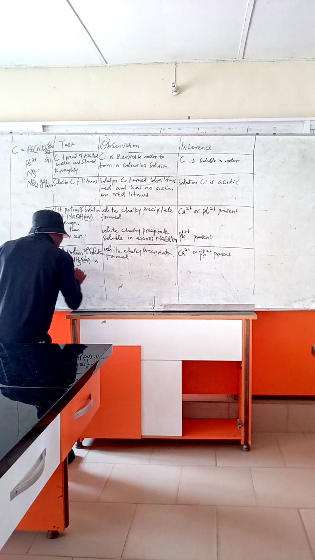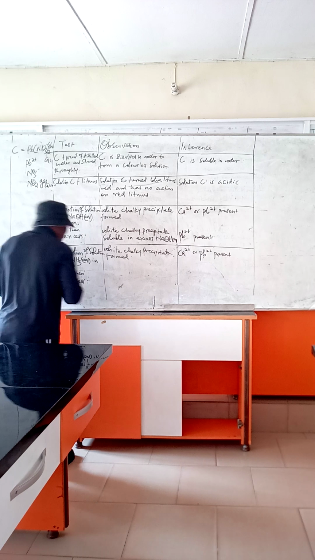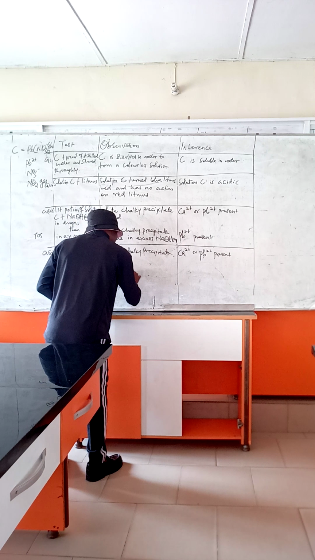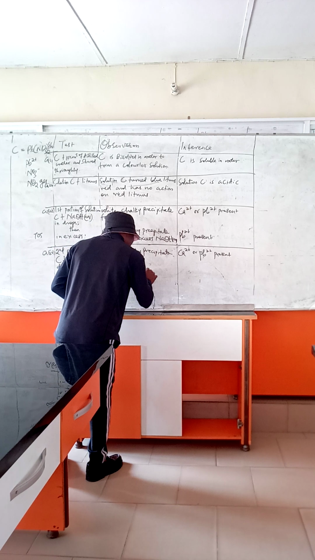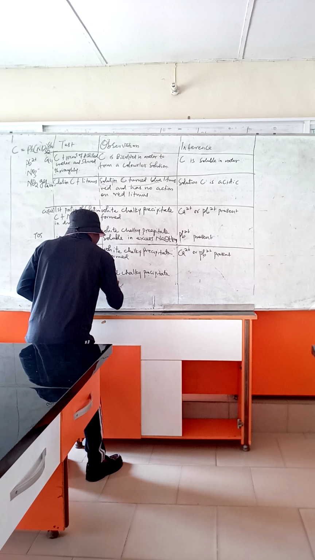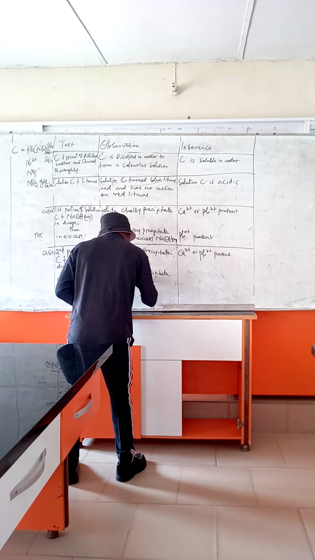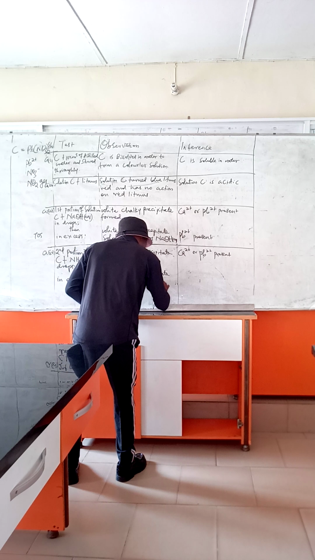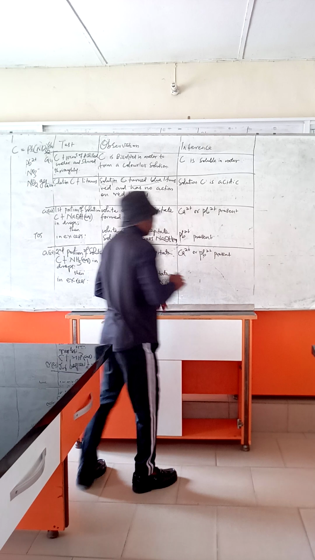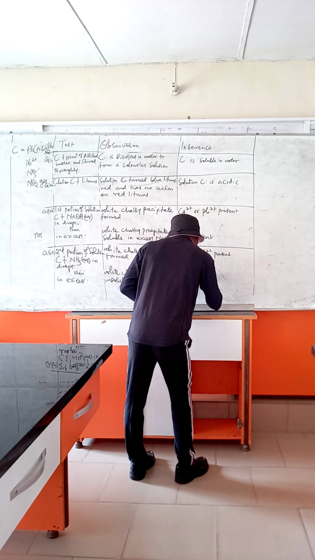Then in excess, you could observe that the white chalky precipitate which was formed above remains insoluble in excess aqueous ammonia, NH3 aqueous. And this confirms the presence of lead 2 ion, that's Pb2+ confirmed.